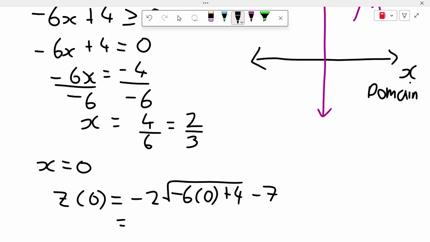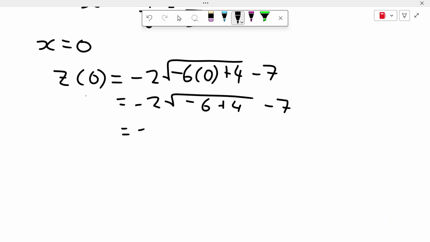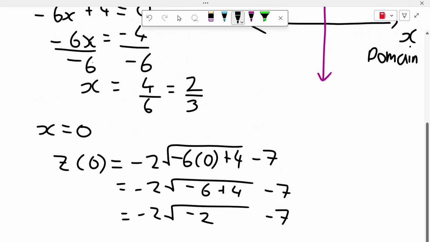So what's that equal to? Well, we don't really need to worry about the outside stuff, but that's minus 6 plus 4. Hold up, we can see that that is beginning to give us a negative sign in there, and that would break maths. So we're going to say that x can't be on the left-hand side of it.